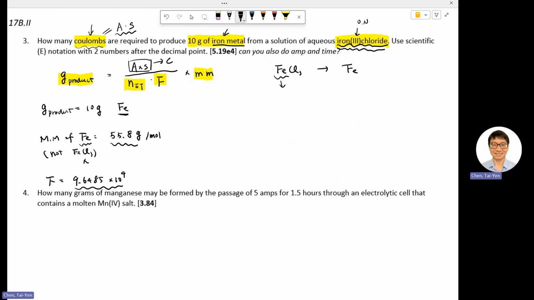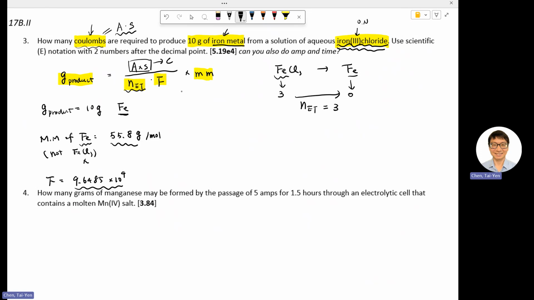The oxidation number of the iron is 3, and then it eventually becomes metal iron. Therefore, the oxidation number is 0. So for this process, you should be able to see that your NET is going to equal 3.